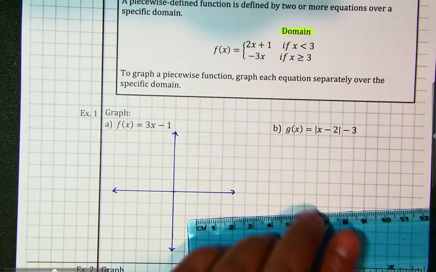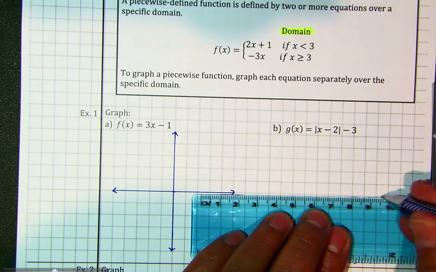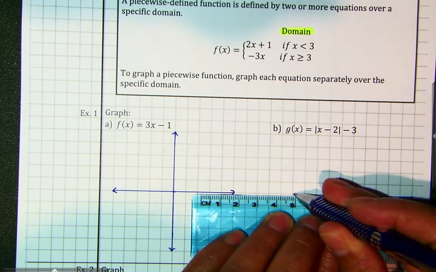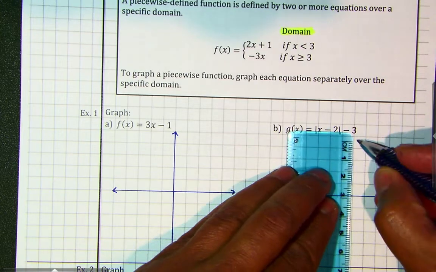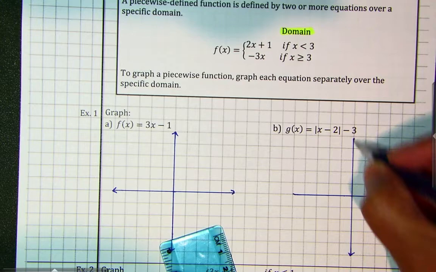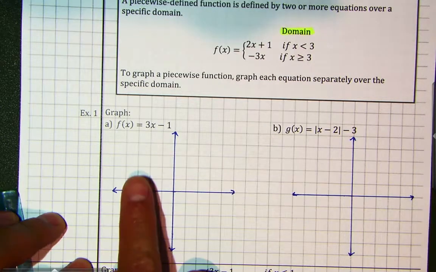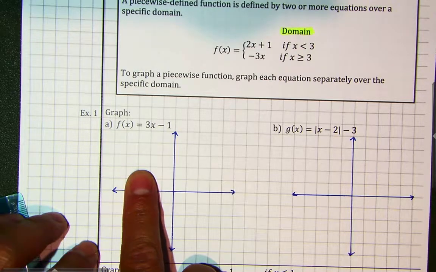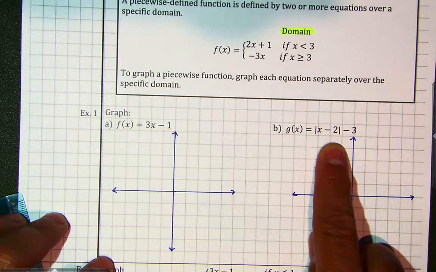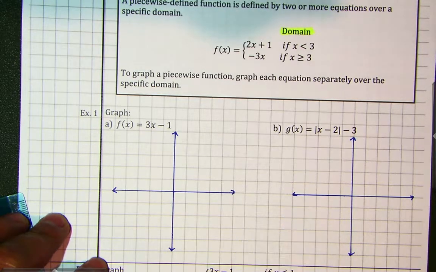We'll be doing the same thing here. So take the time to graph the first equation and to graph the second equation and see what you get. And we'll go and pause it and we'll start once you're ready.